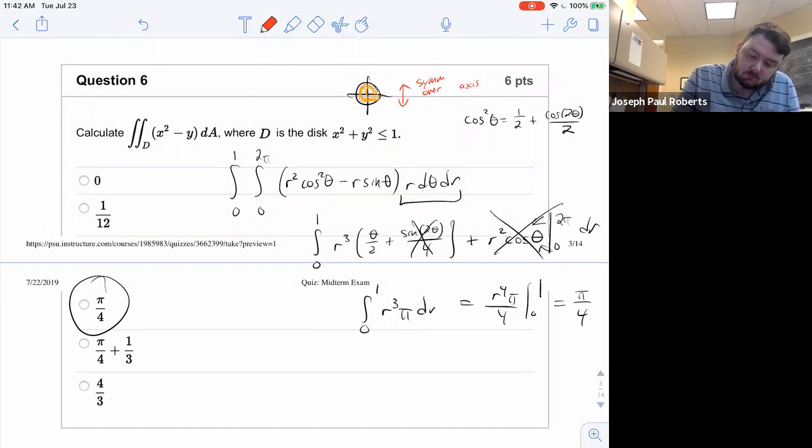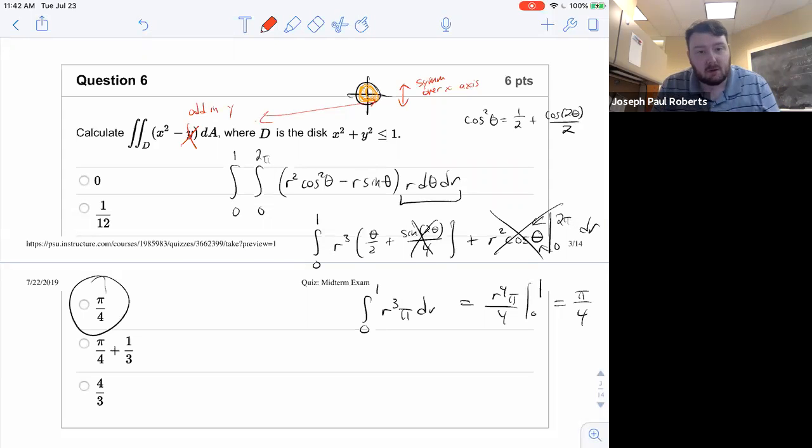And this is odd in y. So those two together, remember our symmetry tricks tell us that that's going to go away. But again, if that's something you don't notice, it's always going to take care of itself when you go to do the theta integration. As long as you're careful, do it correctly. So anyway, that's that.